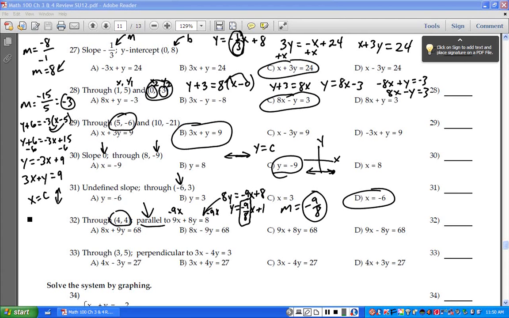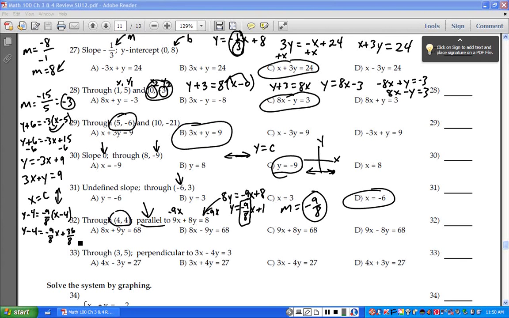So plug in the point-slope form. Y minus y1 equals m times x minus x1, which is 4. Y minus 4 equals -9 over 8 x plus 36 over 8.